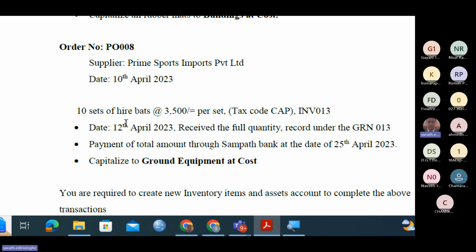This also is capitalized to the ground equipment. Right, record this transaction. Actually, don't mix this transaction with the saleable item. The saleable item means you have purchased the item for the purpose of selling. These 10 sets of bats are for the hiring purpose. Record this separately.